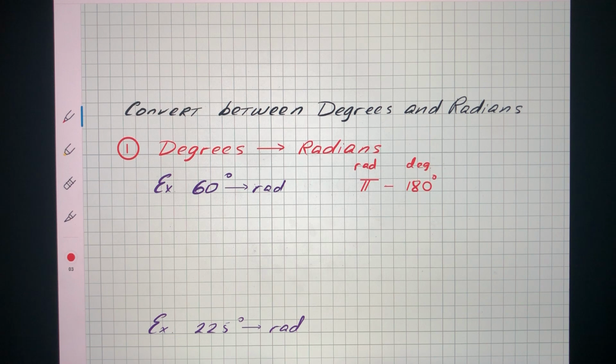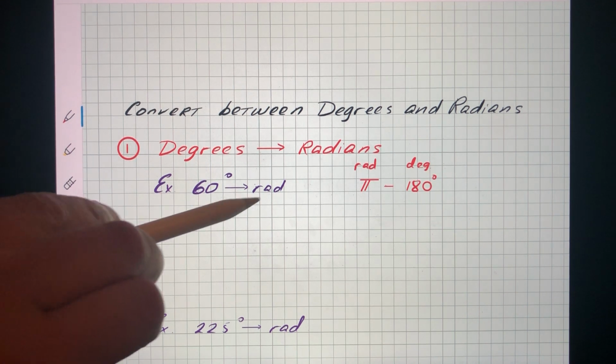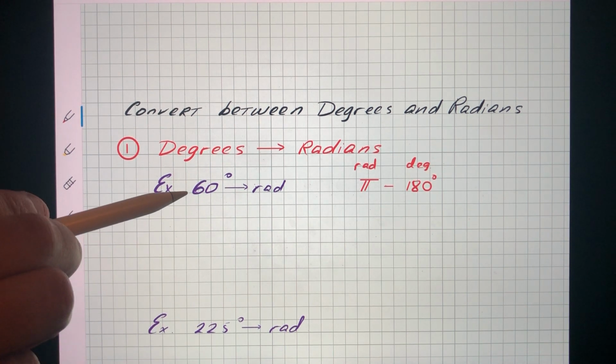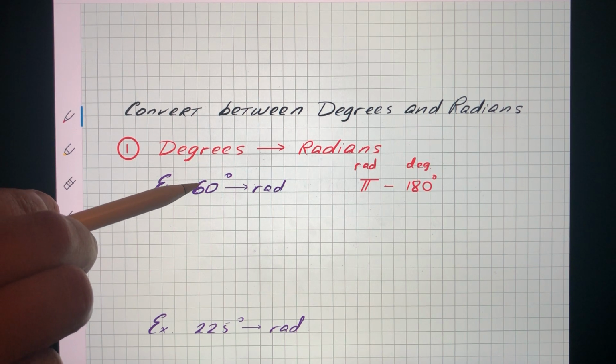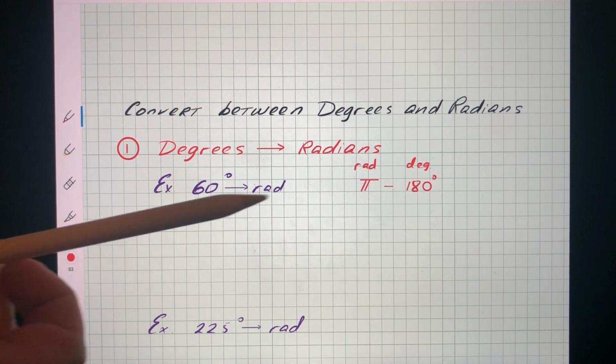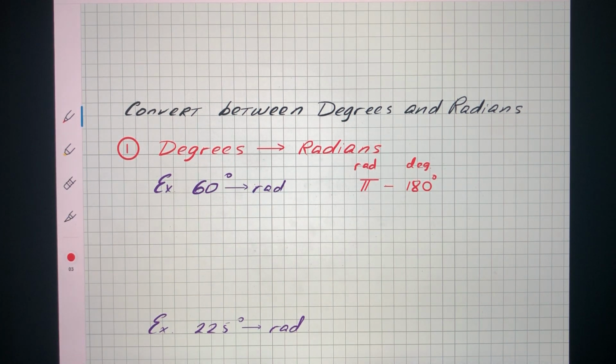Now we're asking how many radians is 60 degrees. So we put the 60 under the degrees, and we don't know how many radians that is. With that we can write this proportion as a fraction.